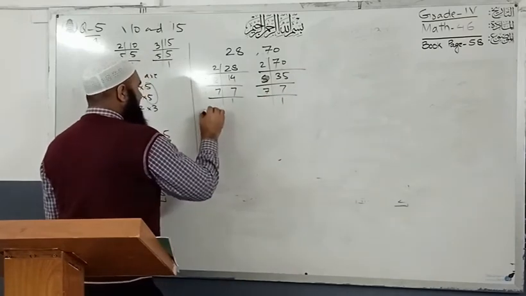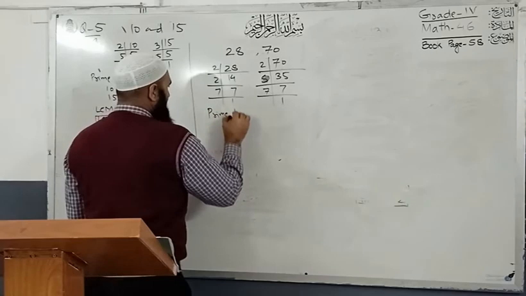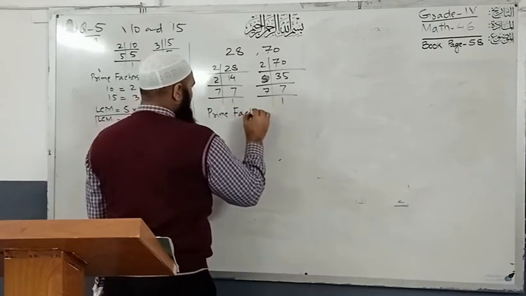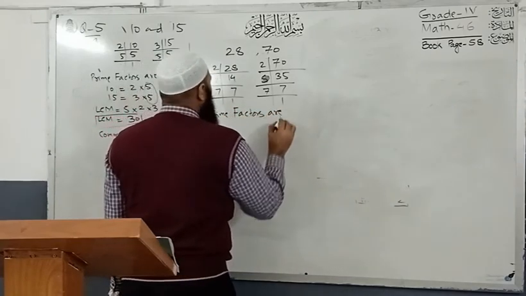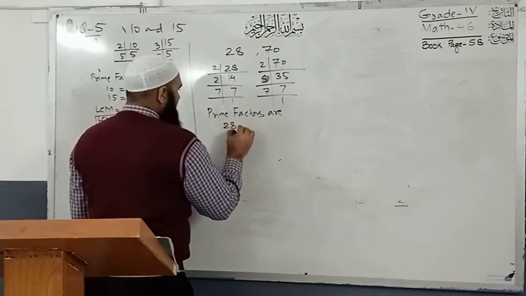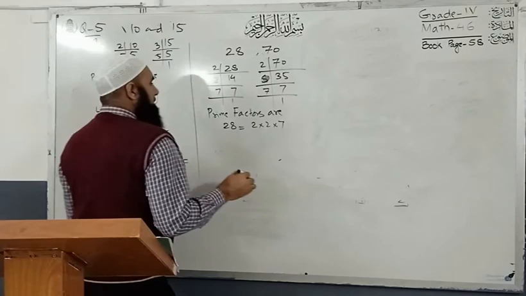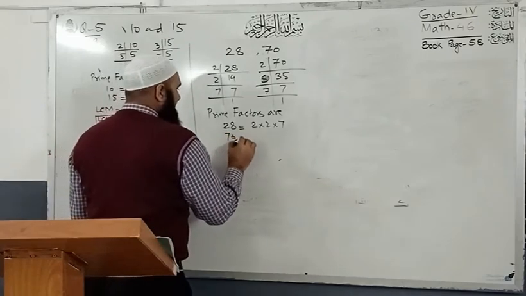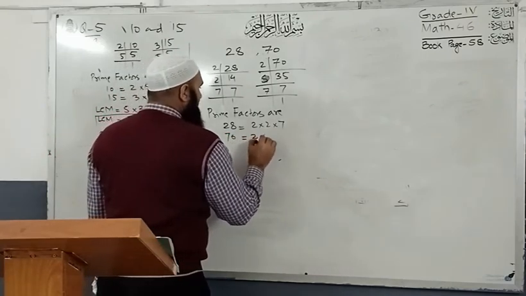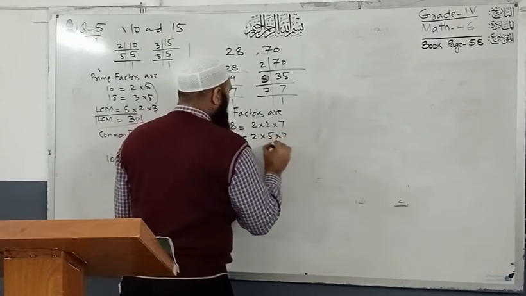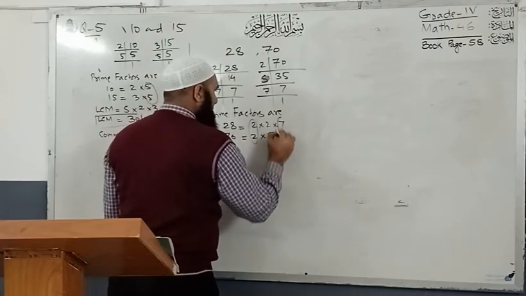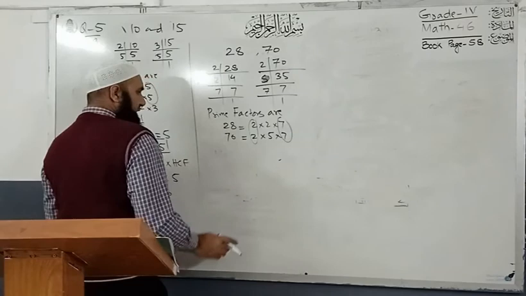Now write the prime factors. Prime factors of 28 are 2 multiply 2 multiply 7, and prime factors of 70 are 2 multiply 5 multiply 7. Now see which are common, 2 and 7. Okay.